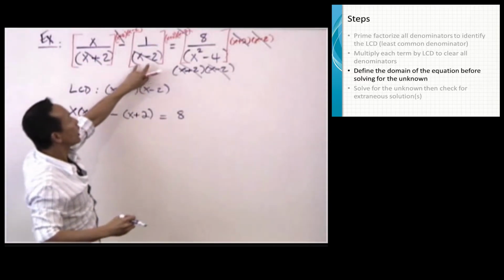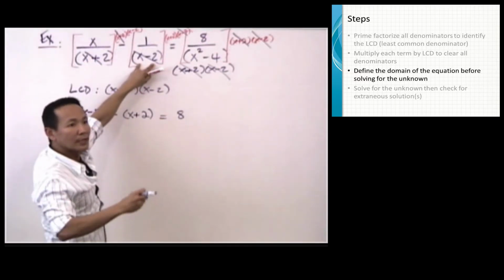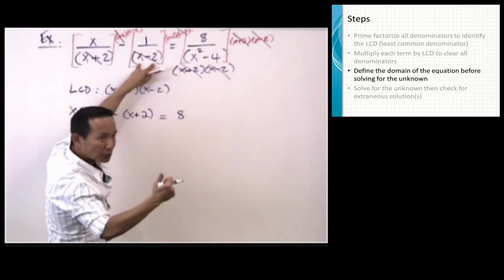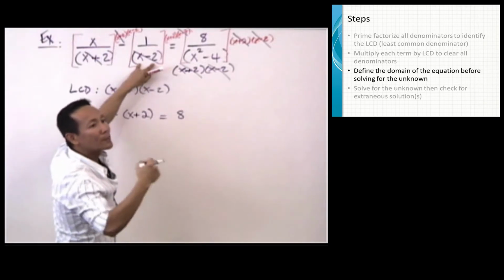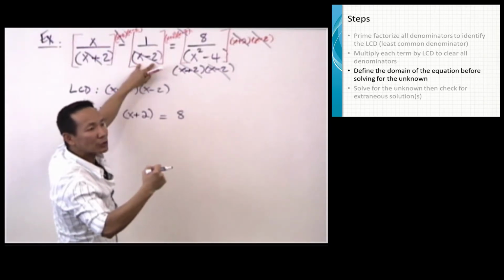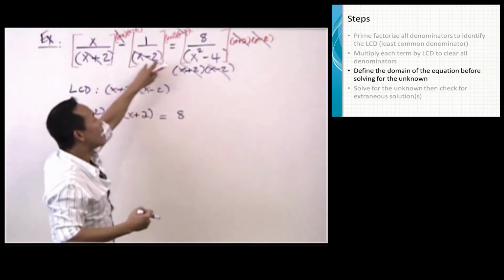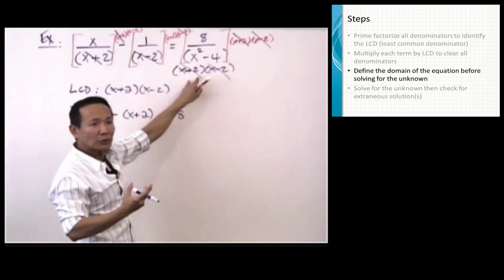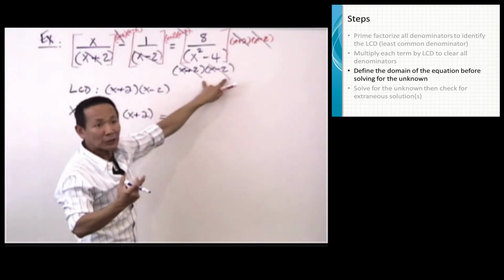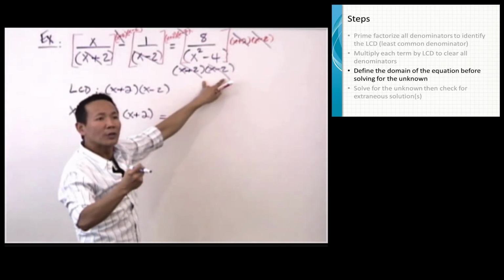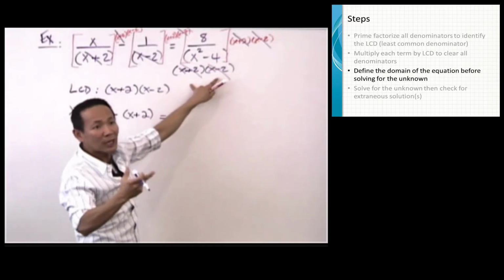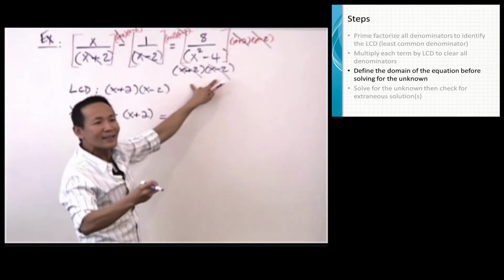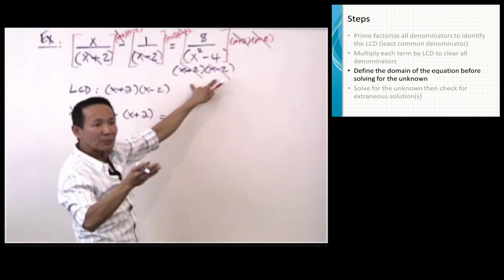And then you move on to the second term. If you replace x by 2, 2 would make the second denominator 0. And the last term, we have two factors, x plus 2 times x minus 2. So either minus 2 or plus 2 would make the denominator of the third term 0.